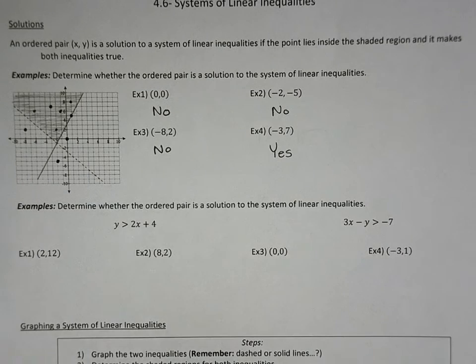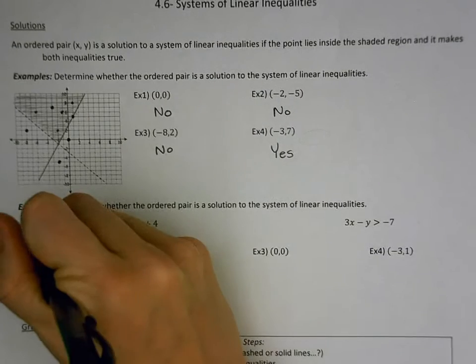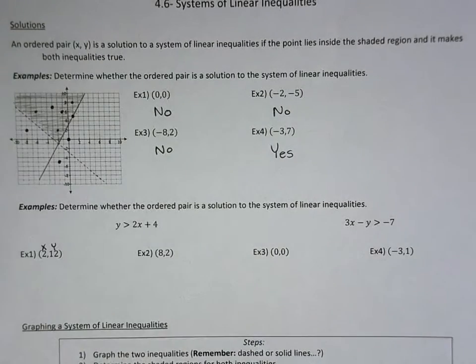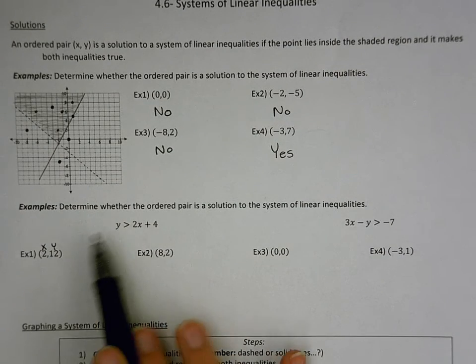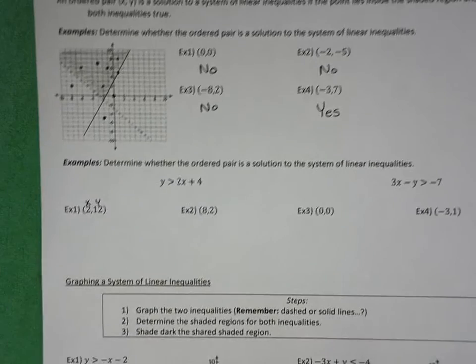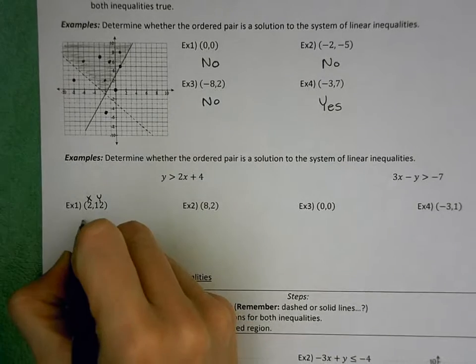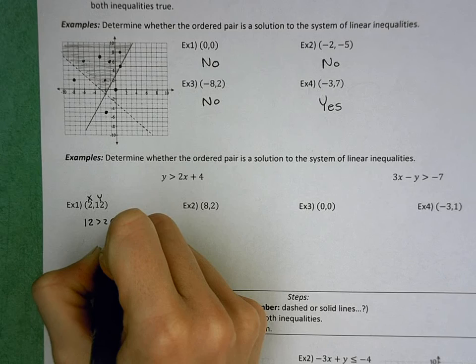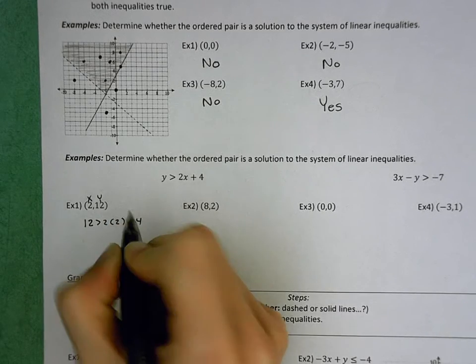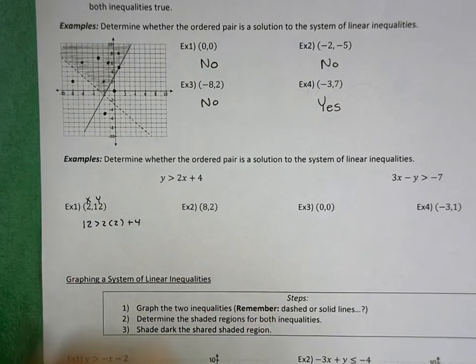We're going to go ahead and plug in, for example, 2, 12. We have our x and our y. And so I'm going to be plugging in 2 here and 12 here. Okay, so my y is 12, which is greater than 2 times 2 plus 4. Plugging in my 2 into the x's spot.